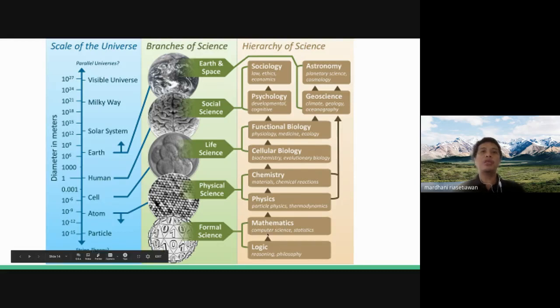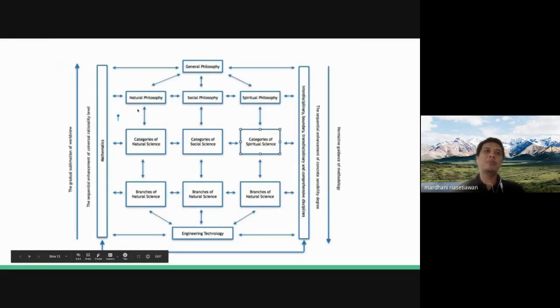You can see here computer science is placed under mathematics, because it is close to formal science. So when you ask why computer science is not an independent point in the hierarchy, why it is under mathematics, it is because of this reason.